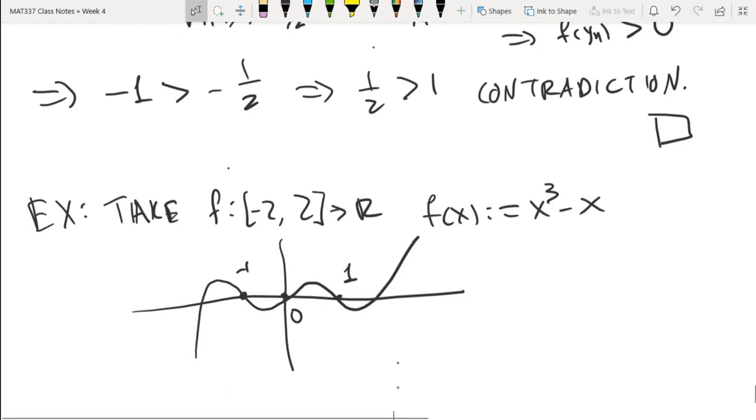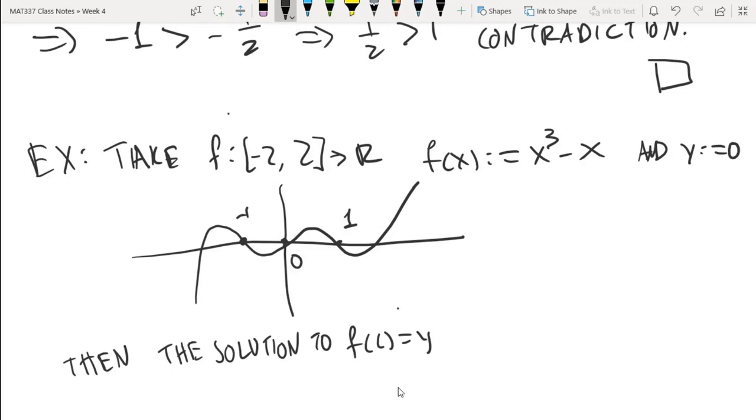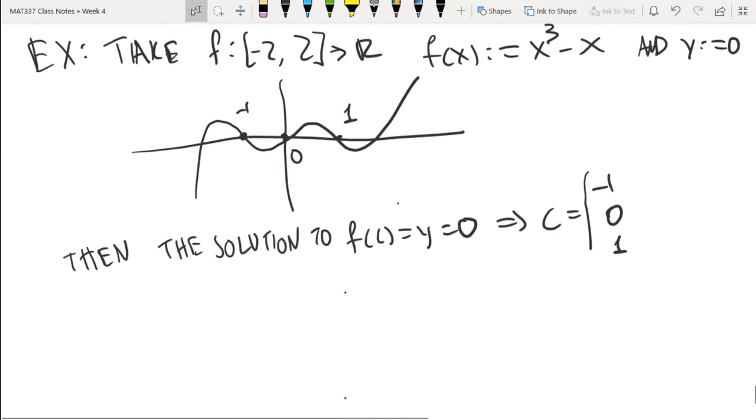And set y to be 0, then the solution to f of c equal 0 is -1, 0, and 1. So IVT gives you at least 1.